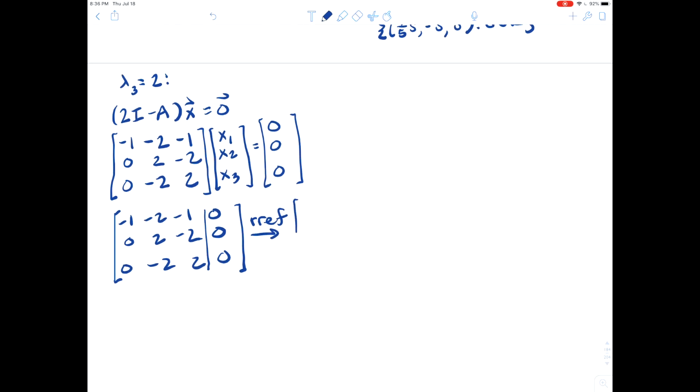And this will be, once you simplify on your calculator, 1, 0, 1, 0, and then 0, 1, negative 1, 0, and then a row of zeros.